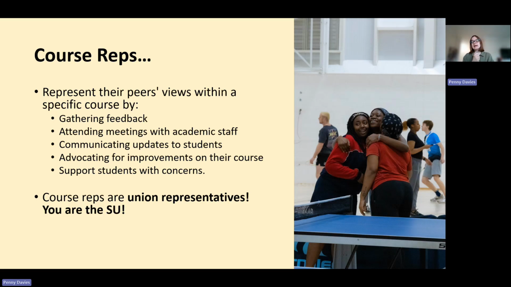So when you sit in your meetings with your academic teams and academic staff, yes, you're representing students at the university, but you're also representing students on behalf of the Students' Union. This works in a similar way to how a trade union representative would work. Your lecturers may be part of the University and College Union, the UCU, and they will have a branch representative at various different universities.